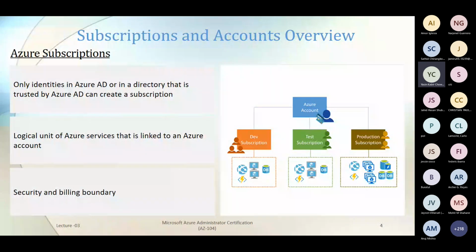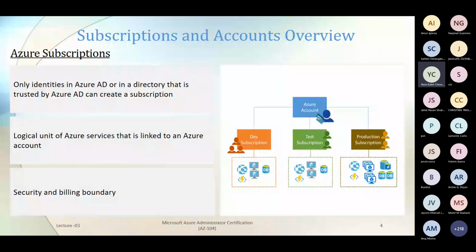So you make three types of subscription: one for development, another for test, another for production. Each subscription uses different resources. So you can do this, one account and different subscriptions.